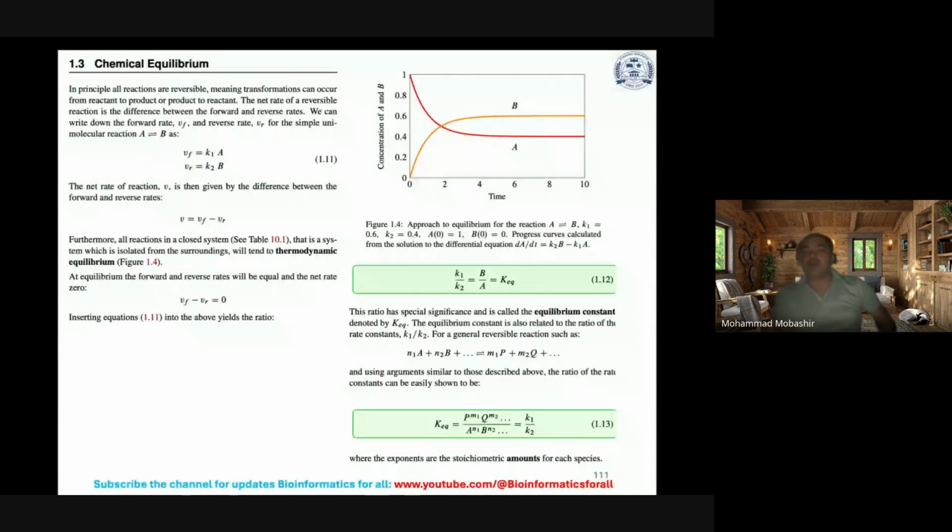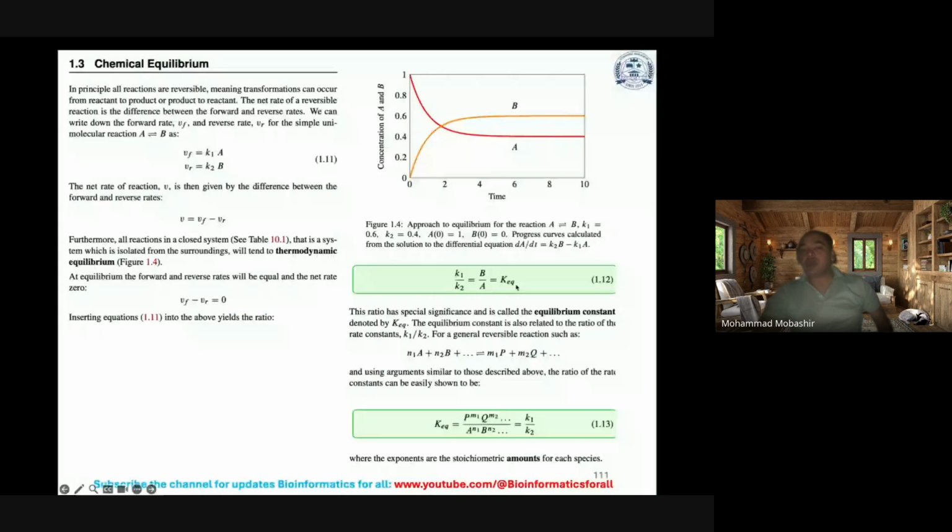Now, what is the equilibrium constant? If you have two reactions, forward and reverse, the ratio K1 upon K2 equals K, that is capital K. This is called the equilibrium constant. Here it has been represented with K EQ.